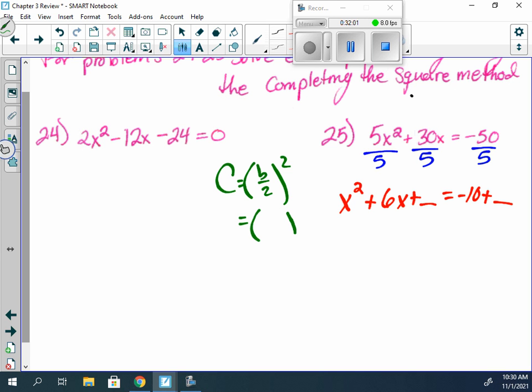Because again, the reason we're doing this is we want to make a perfect square trinomial. So we moved the, well, the negative 50 was already on the other side. We got A equal to 1.